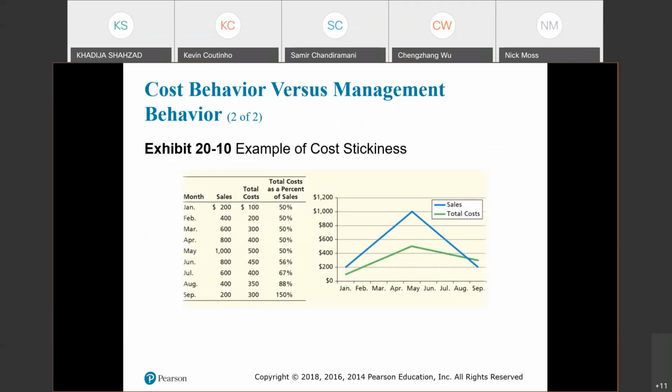So, for example, this slide illustrates an example of cost stickiness.